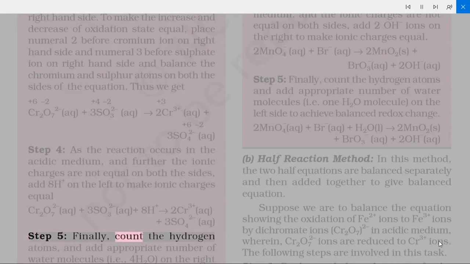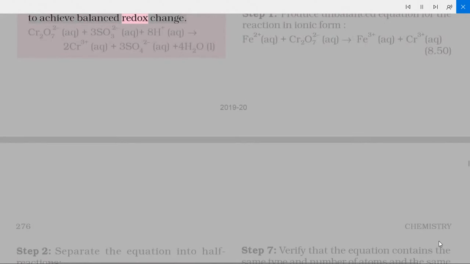Finally, count the hydrogen atoms and add appropriate number of water molecules, i.e., 4H2O, on the right to achieve balanced redox change. Cr2O7^2- + 3 SO3^2- + 8H+ → 2 Cr^3+ + 3 SO4^2- + 4H2O.